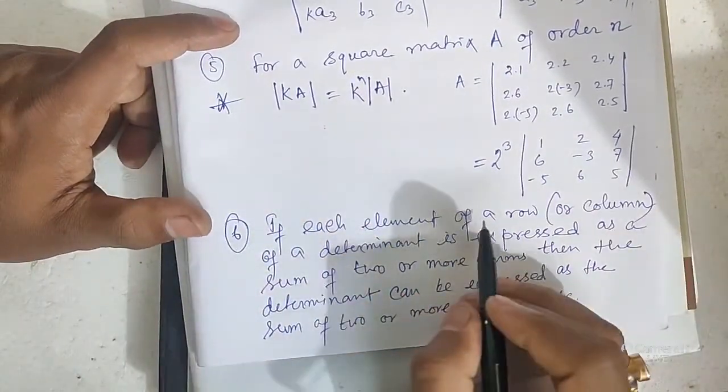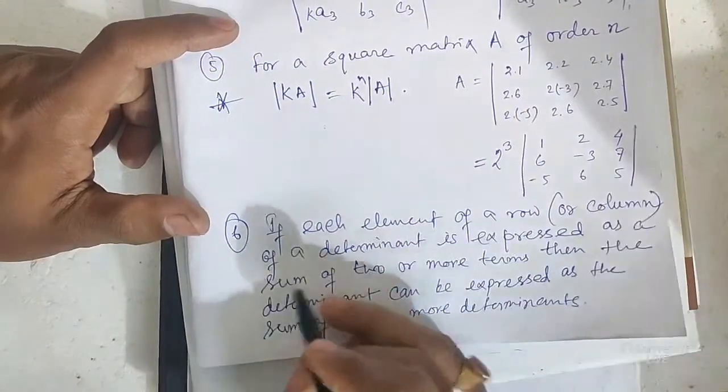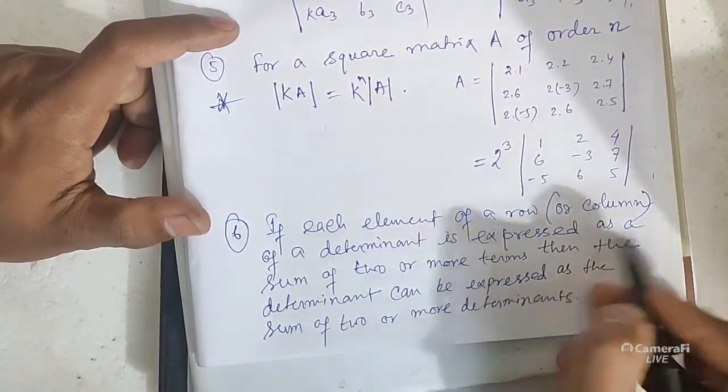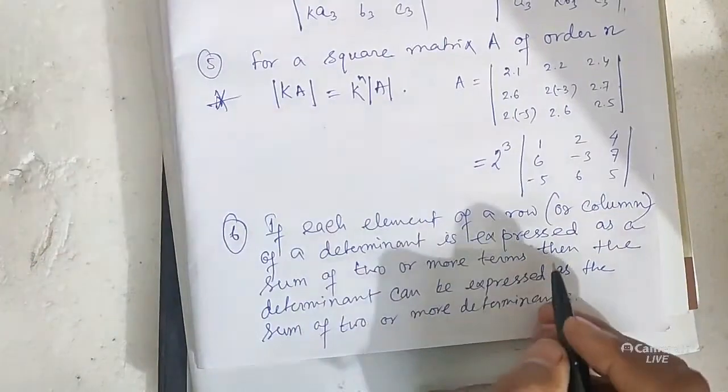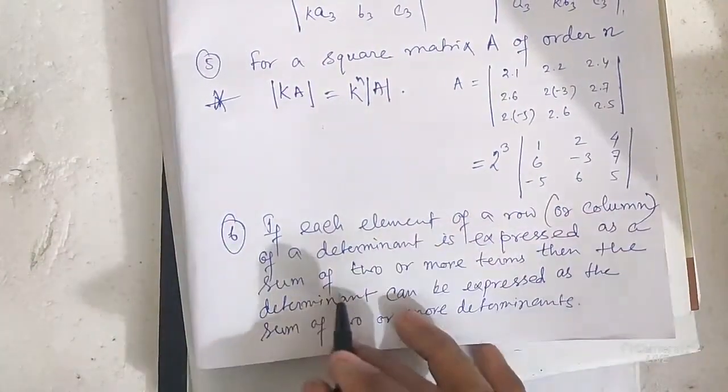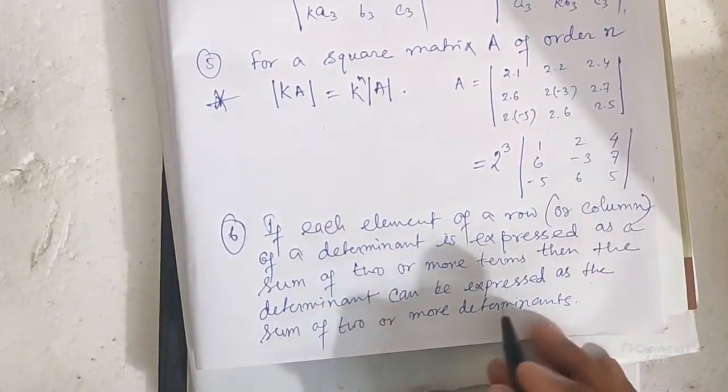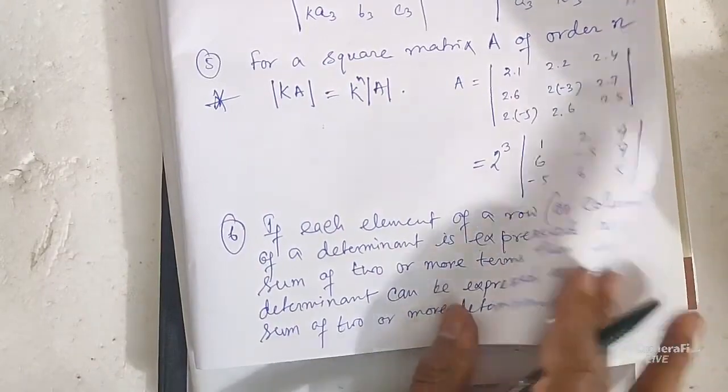If each element of a row or column of a determinant is expressed as a sum of 2 or more terms, then the determinant also can be expressed as a sum of 2 or more determinants.